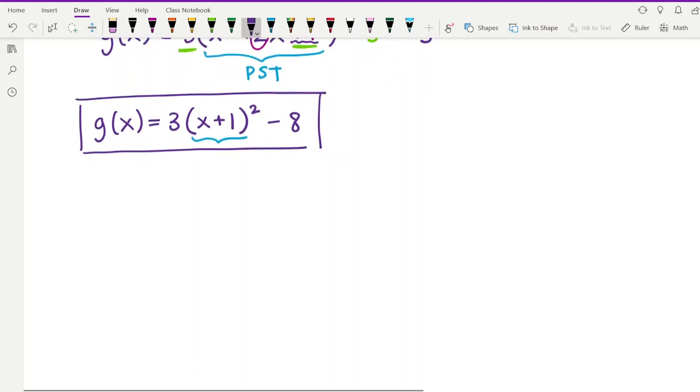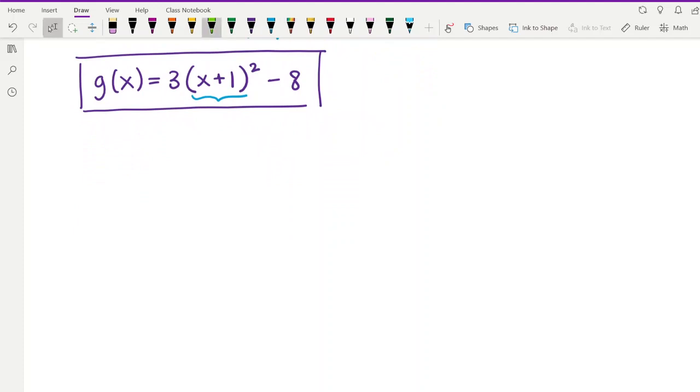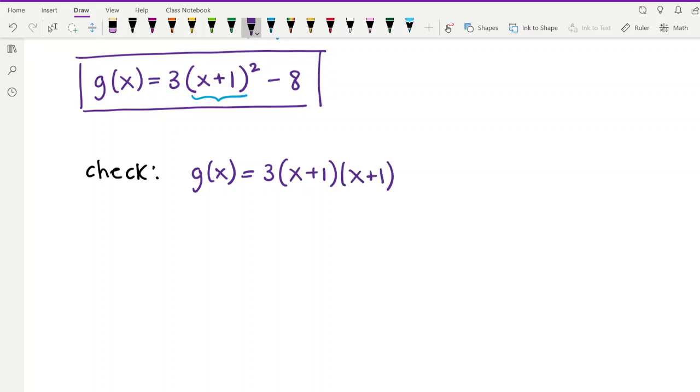So let's check this out. Let's check whether this is the correct vertex form. So we have g of x is equal to 3 times x plus 1 times x plus 1 minus 8. So this is going to give us 3 times x squared plus 2x plus 1 minus 8.